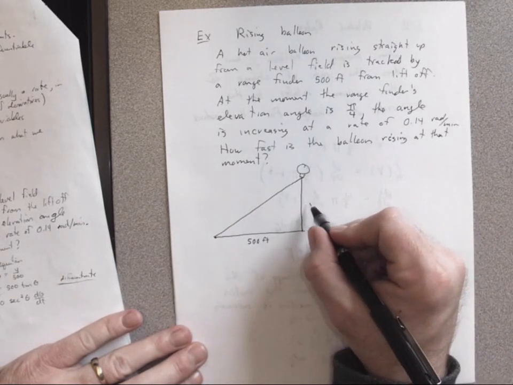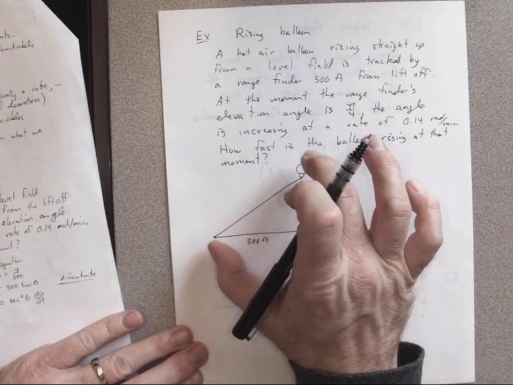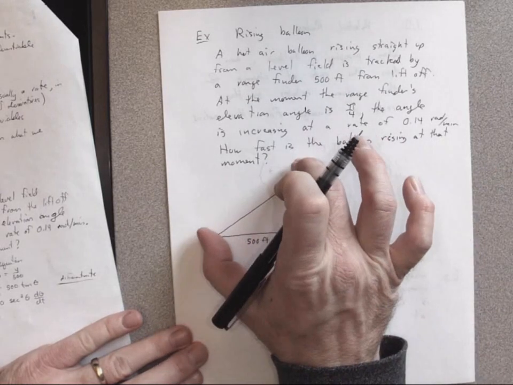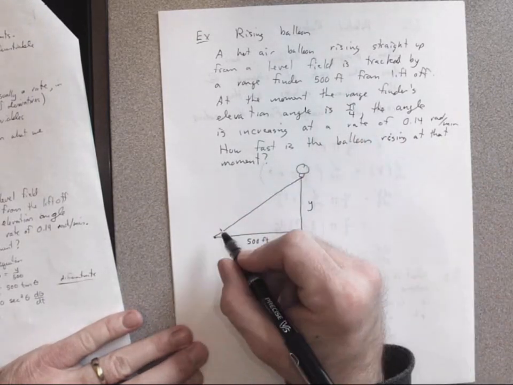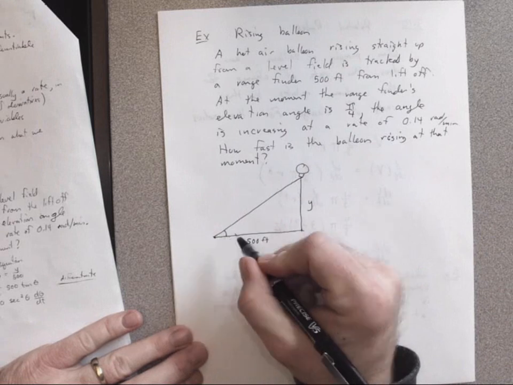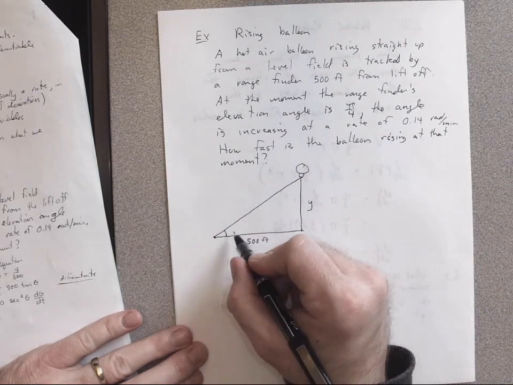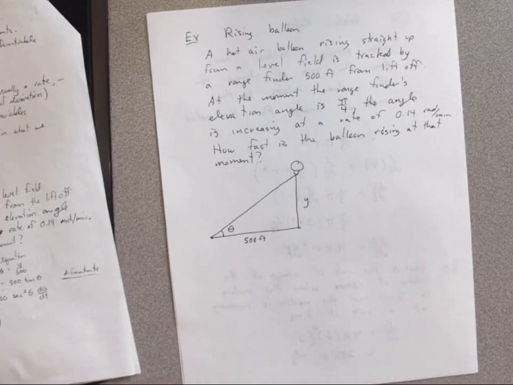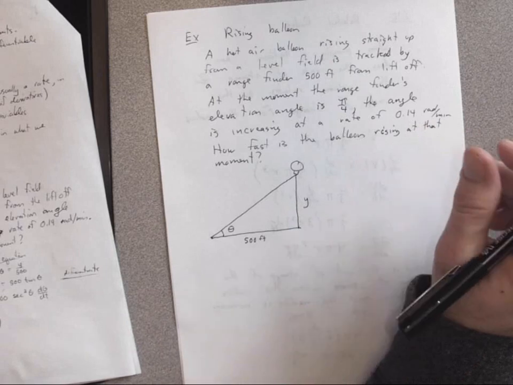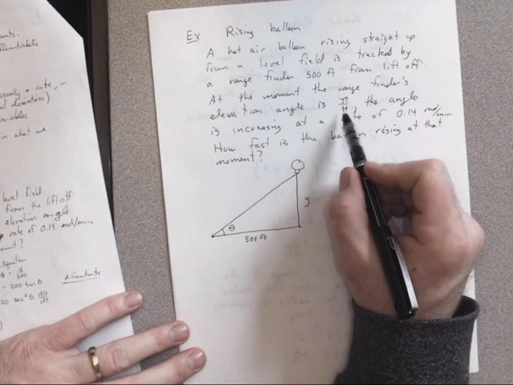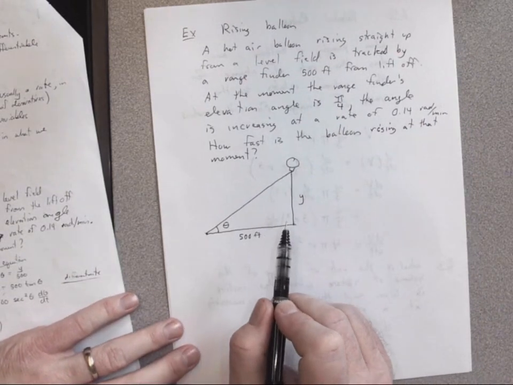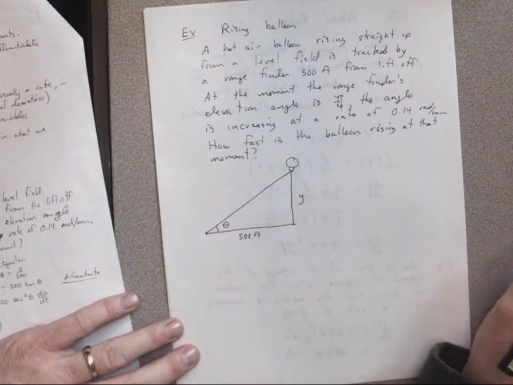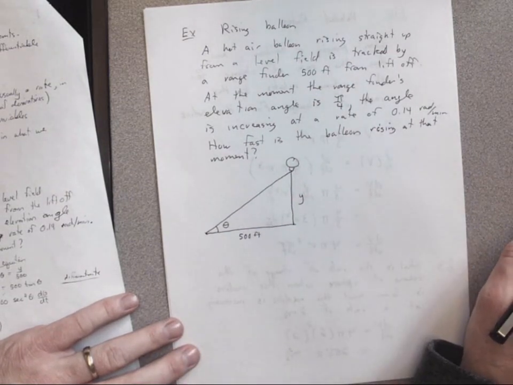So what I'm going to do is label this y, and depending on what they're asking, we might need this side too, but I don't think they're asking for that. What I know is that this is going to be equal to theta. Now, I know that they said theta is equal to pi over 4, but I don't want to plug that in right now because those things as they sit are changing.